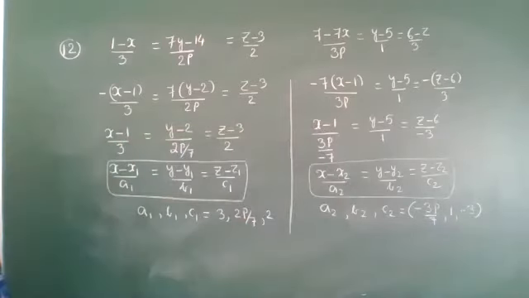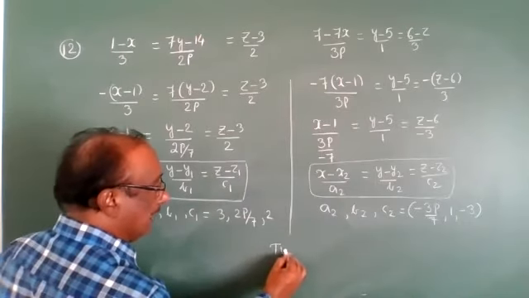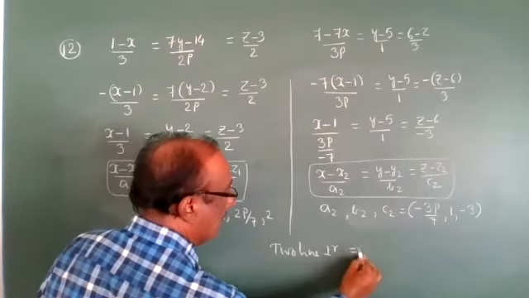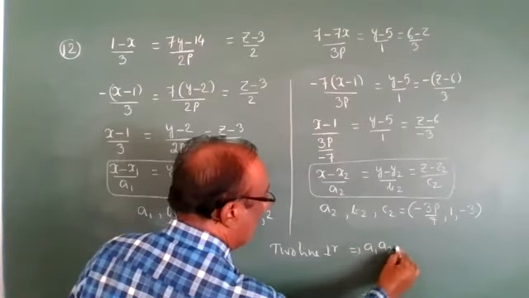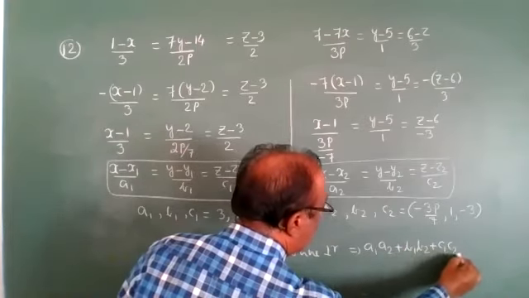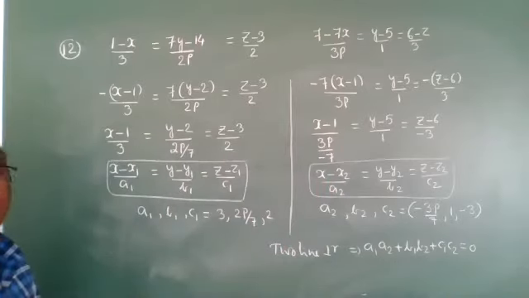Now the two lines are perpendicular, so the condition is a1a2 plus b1b2 plus c1c2 is equal to 0. Write down the a1, a2, b1, b2 values and find the p value fast.